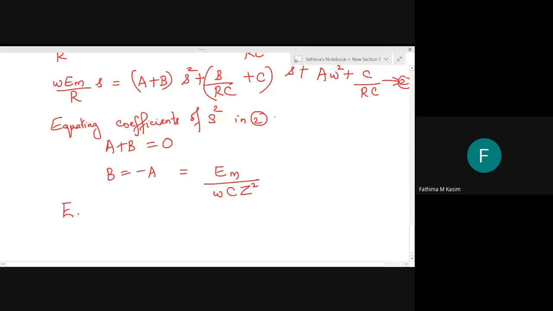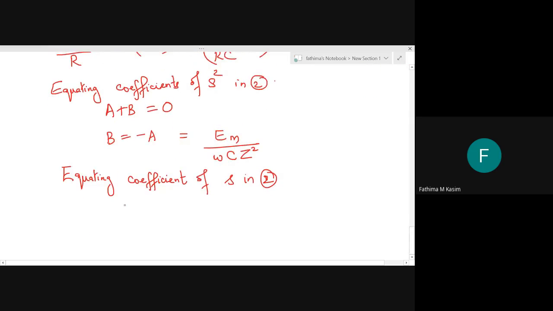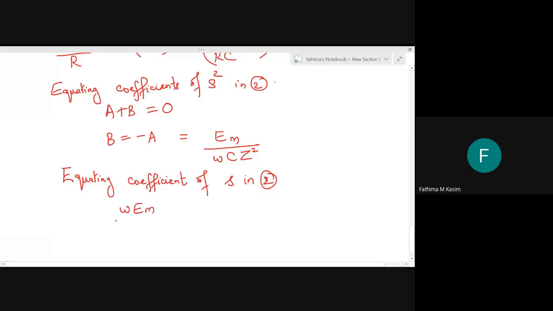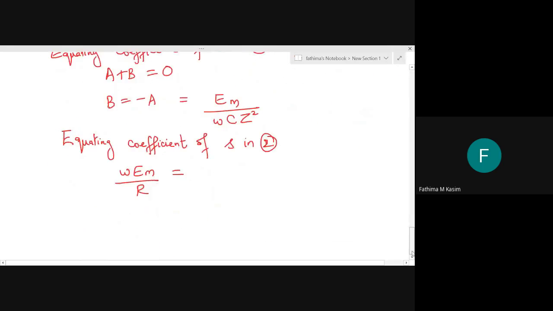Now what we are going to do next is equate the coefficient of S. Our LHS is omega EM by R. So we can write omega EM by R is equal to B by RC plus C.